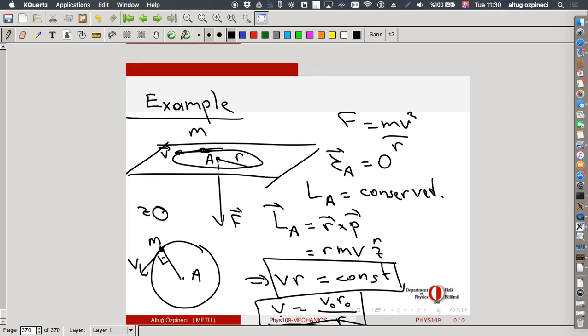This is in fact similar to a skier, if you have ever seen one. He or she will start rotating with the hands open, and when she closes her hands, she will start to spin much faster. The reason is that angular momentum should be conserved. Angular momentum is basically I times omega. In this example, I times omega is nothing but mvr.